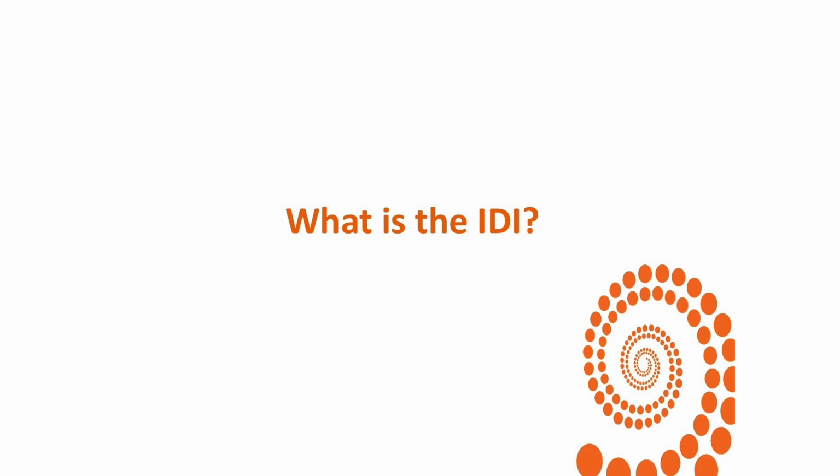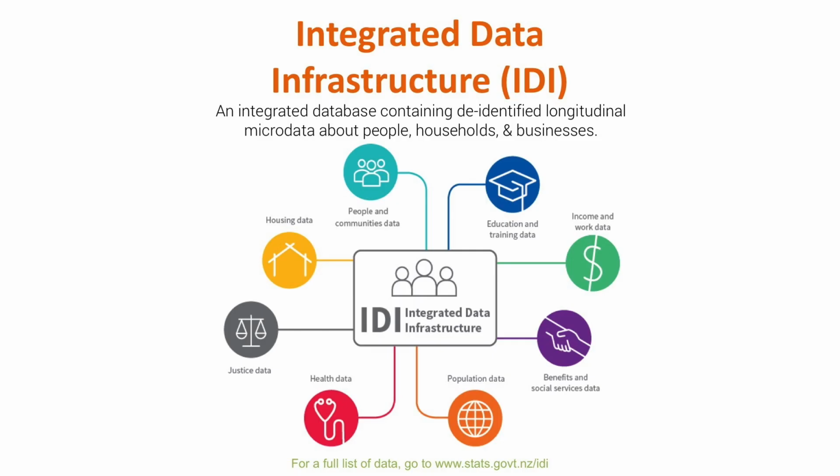So I think really the key things to say about the IDI is that it is linked data at the person level, so it's as granular as we can get it, and that it provides the ability to look at things longitudinally, so information across time.